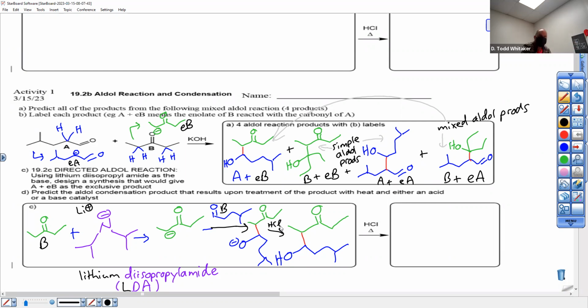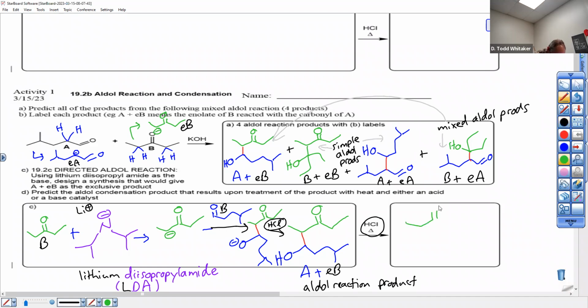And then, what does heat do after an aldol reaction product? A plus EB, aldol reaction product. You heat them with the same chemicals present, and you get the dehydration step.